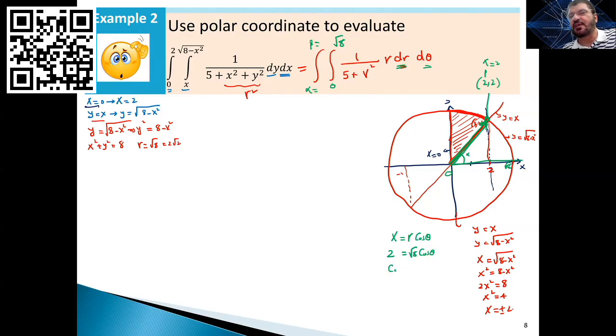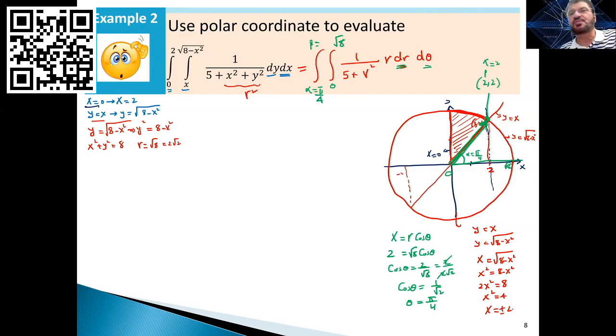So cosine theta is equal to 2 over the square root of 8, by the way, which is 2 over 2 root 2. This 2 goes with this one. So that means we have cosine theta equal to what? 1 over root 2. But we know that cosine equal to 1 over root 2 is at pi over 4. So the distance from here to here is pi over 4. So the first ray in my region is 45 degrees from the x-axis. So I'm going to say this is pi over 4.